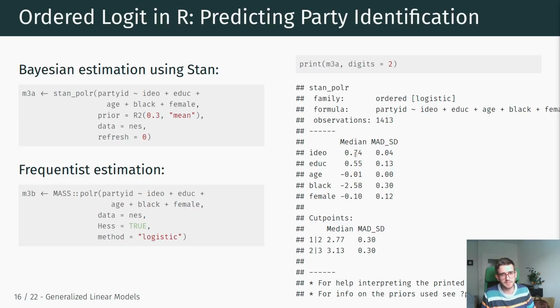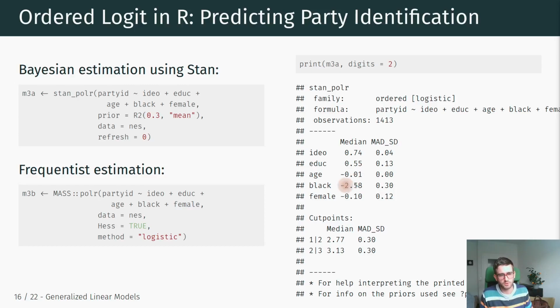So we can't directly interpret these by themselves as probabilities. We only know that if education here is a positive coefficient, that means comparing two respondents that differ in education, the respondents with higher levels of education have a higher probability for y being equal to 2 or 3 rather than 1.